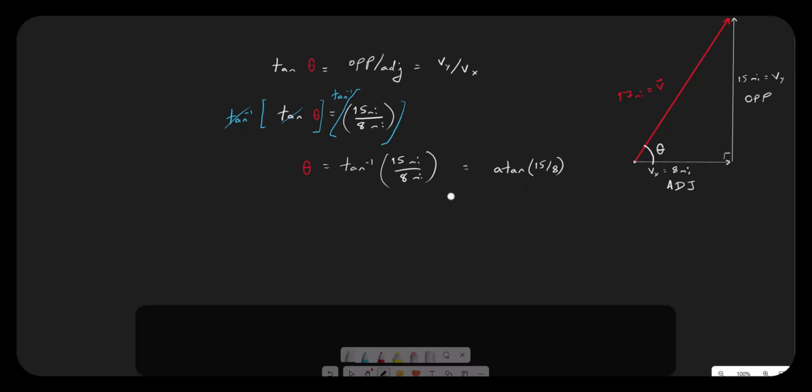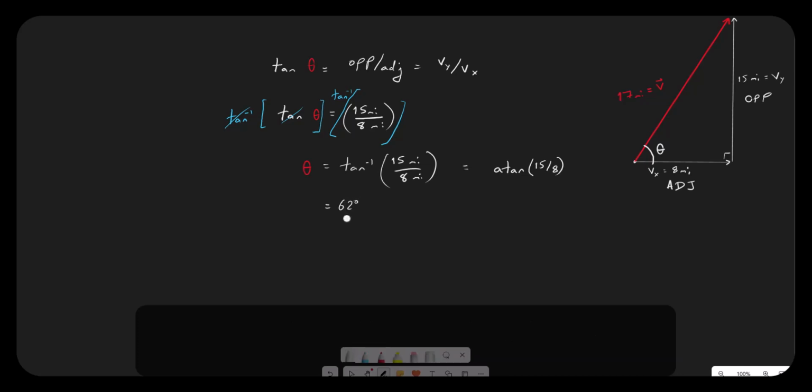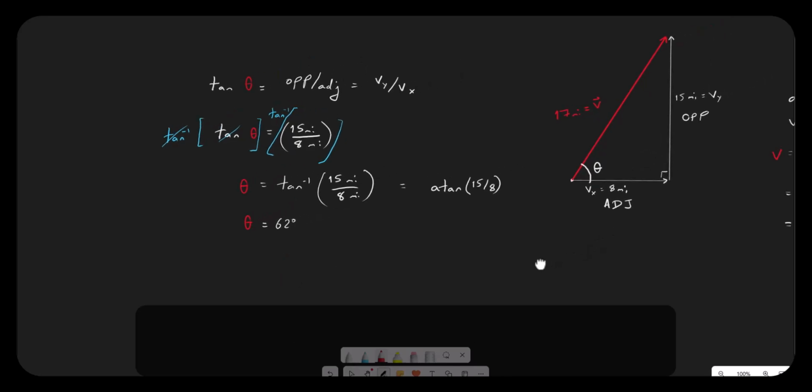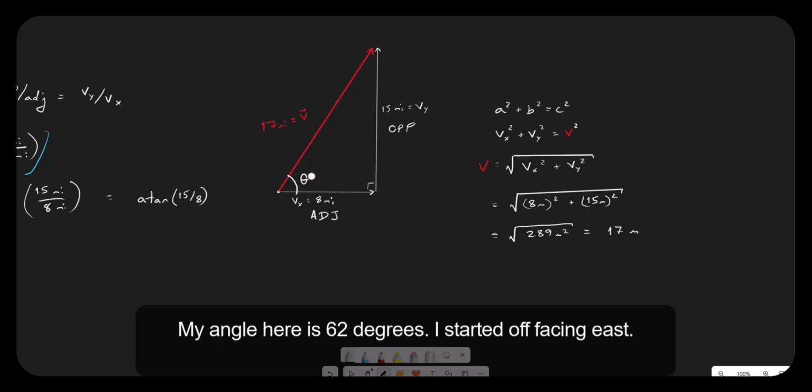They mean the same thing. So when I do that, I get the inverse tangent of this angle, which is 62 degrees. I'm going to go back to my triangle. My angle here is 62 degrees.